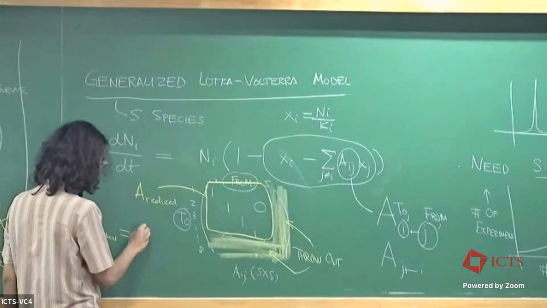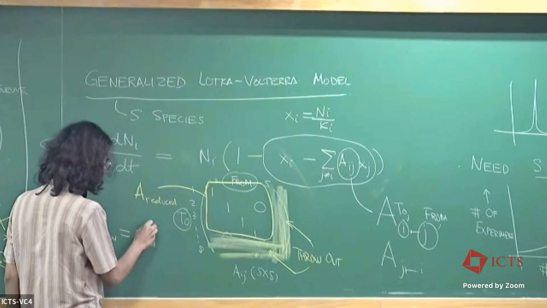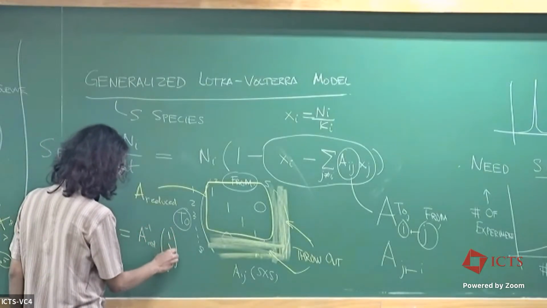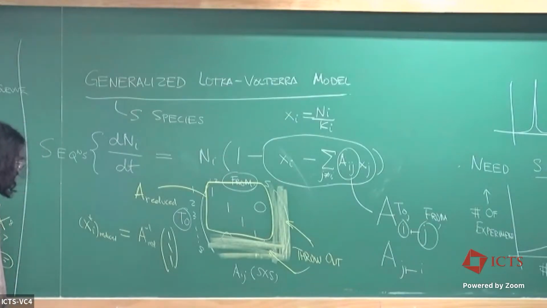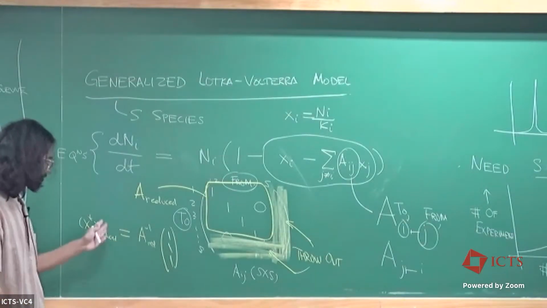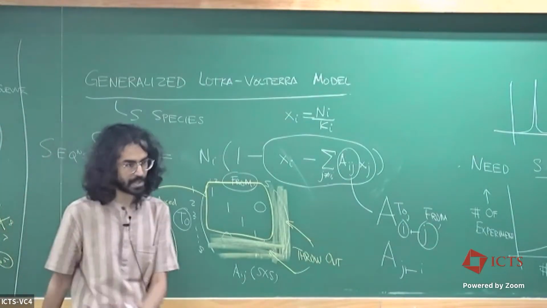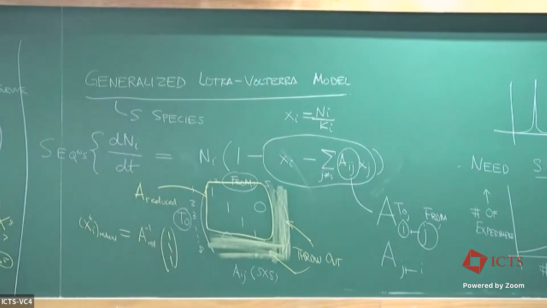That is A reduced inverse times 1, 1, 1, and so on. Then keep doing that until you get something that's feasible.